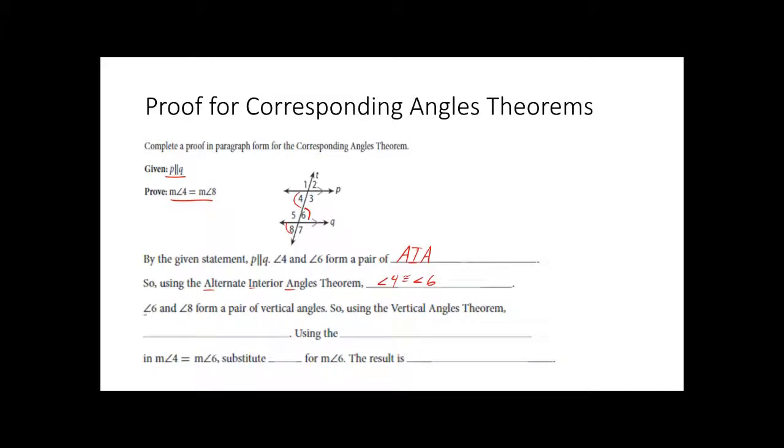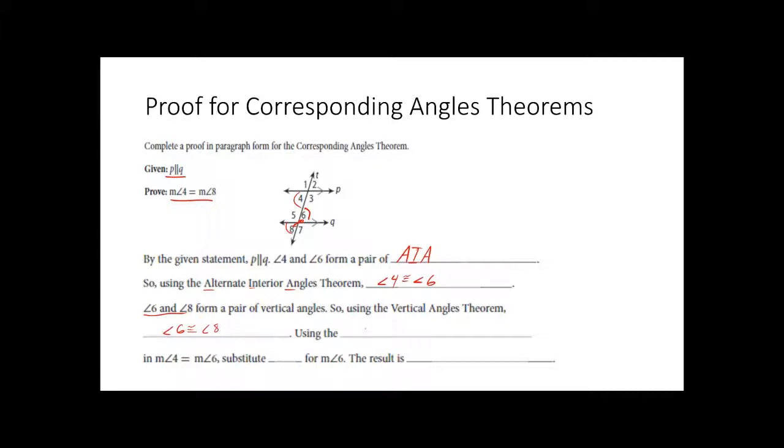And then we can say, well, 6 and 8, aren't those just vertical angles, right? So using the vertical angle theorem, we know that angle 6 is going to be equal, or even better congruent, to angle 8.